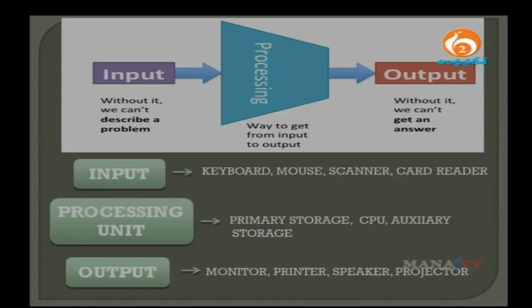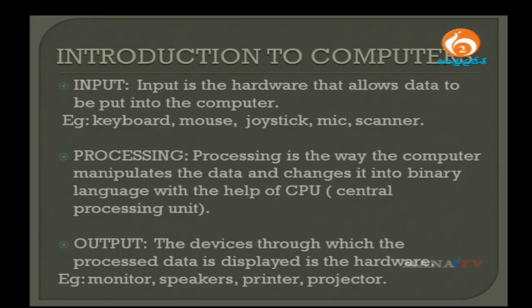In output, you have monitor, printer, speaker, projector, where these are the sources of output, so that you can see and understand whatever information you have asked of your computer. Yes, right. So now let us go to the next slide. I'm really sorry.